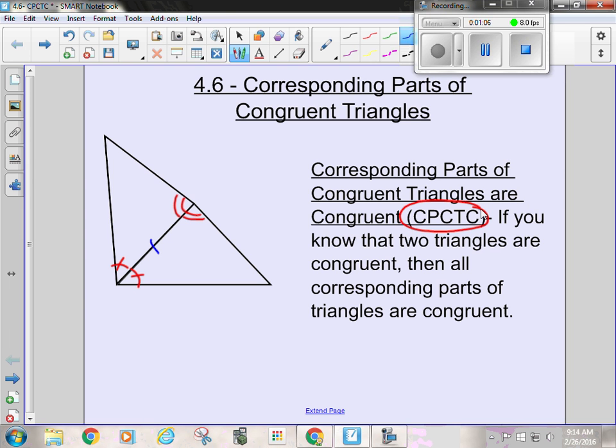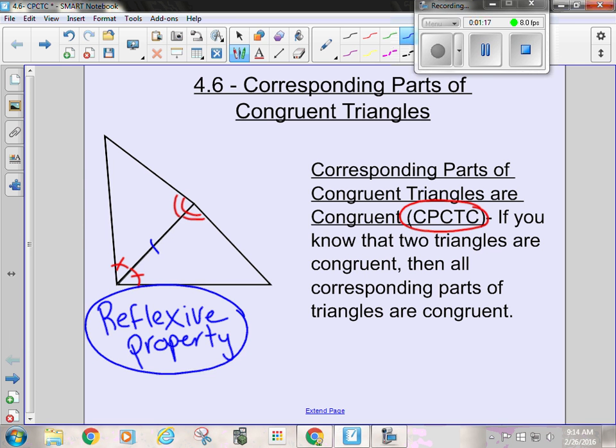And that is actually using the reflexive property. The reflexive property states that something is congruent to itself. So if two triangles share a side, that one side is going to be congruent to itself. So that's the reflexive property.